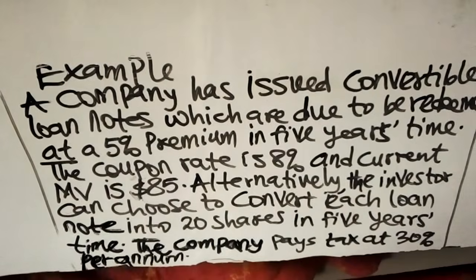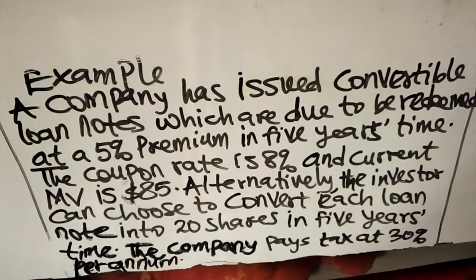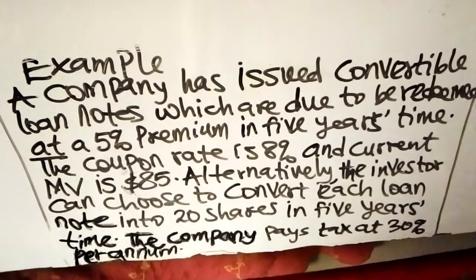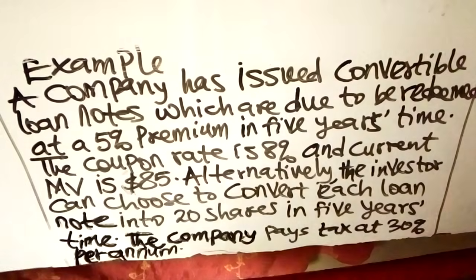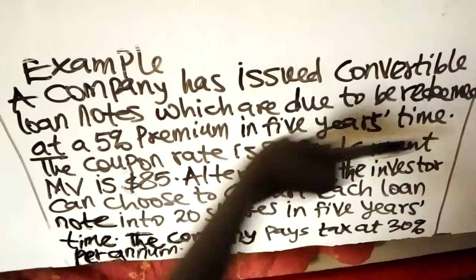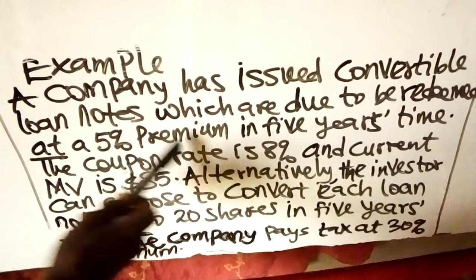So we therefore want to take a question as a worked example. Example: a company has issued convertible loan notes which are due to be redeemed at a 5% premium.